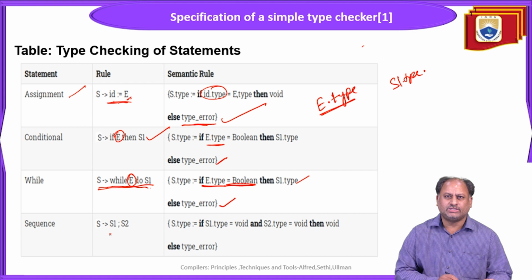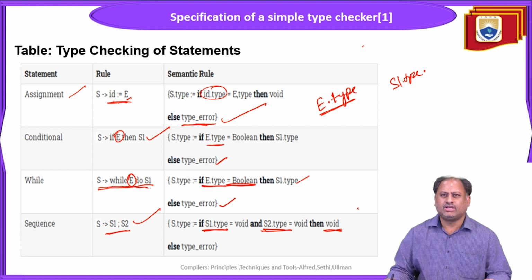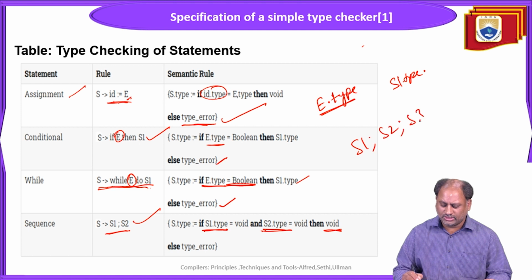Sequence of statements, that is more than one statement. How is the type checking done here? S1 dot type is to be verified. If it doesn't return anything, it is void, and if S2 is also void, then the result is void. Combined S1, S2, S3 like that.